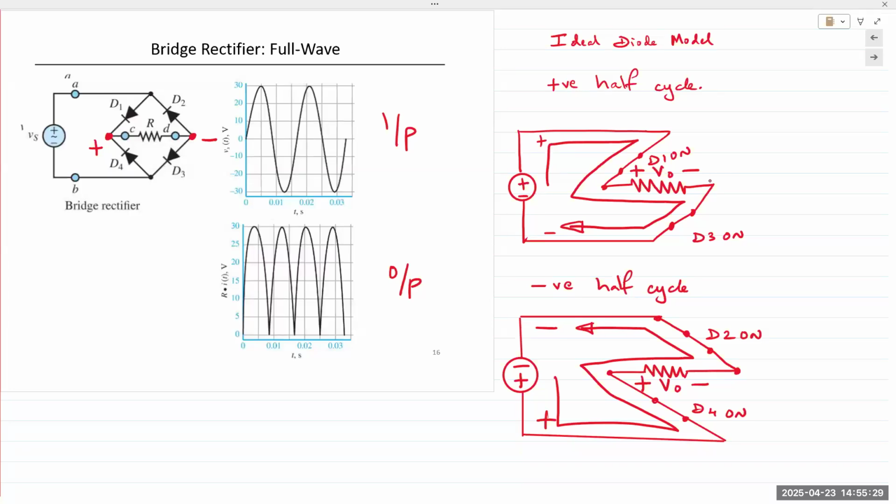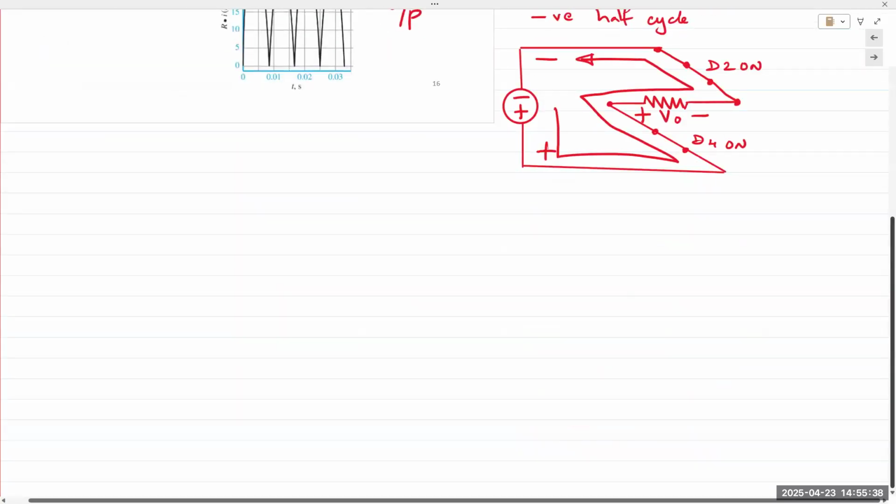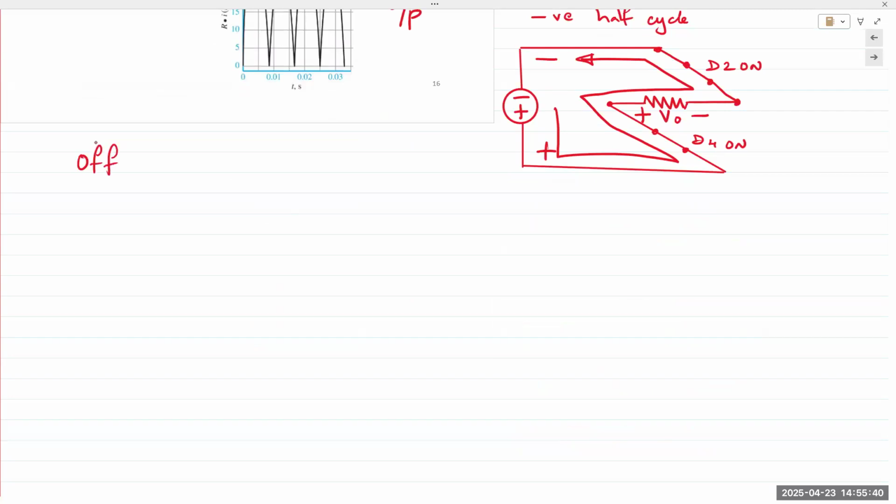So that's the next point. The question being asked is, what if you weren't using ideal diodes? That's a very good point. If you use the offset diode model, it requires 0.6 to 0.7 volts to turn on. The book uses 0.6, so I'm going to stick with 0.6. So it uses 0.6 volts for the diode to turn on.